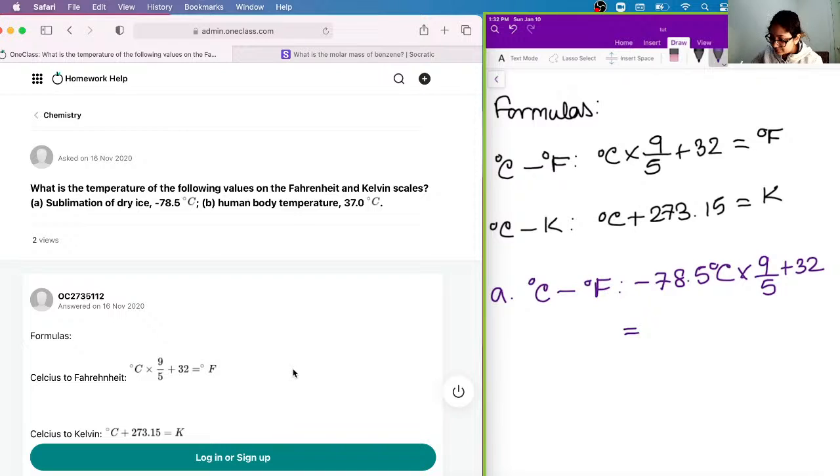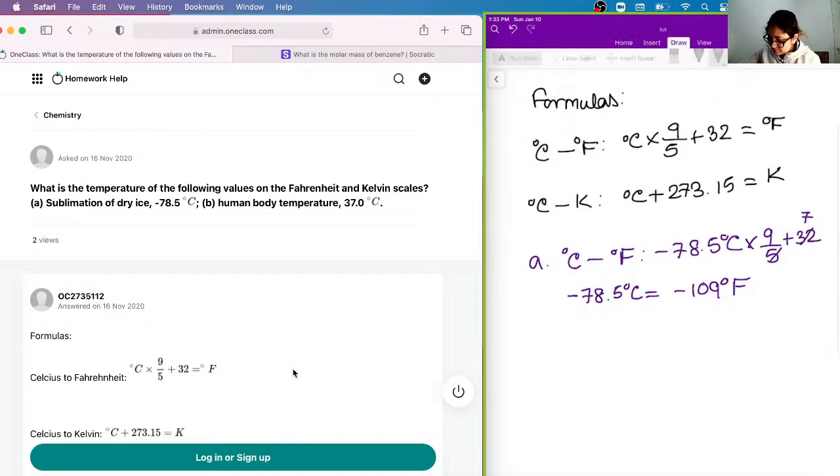And we did the math here, so you would basically multiply this out, so you have negative 109 degrees Fahrenheit. Okay, so you can say that negative 78.5 degrees Celsius is the equivalent of saying negative 109 degrees Fahrenheit.